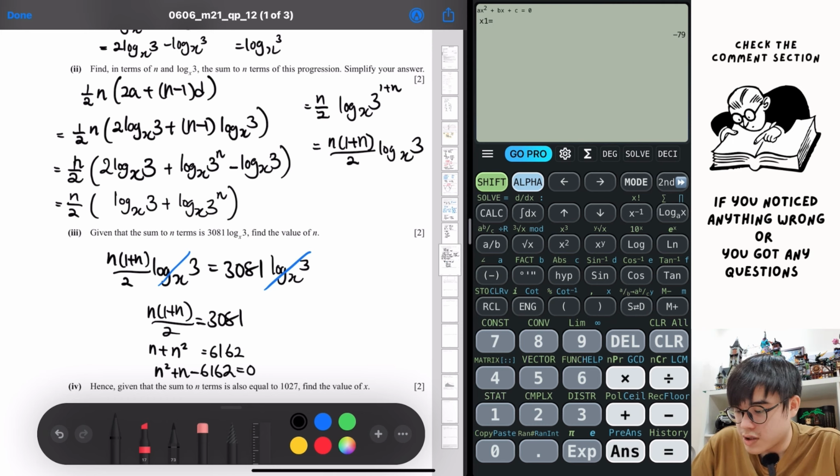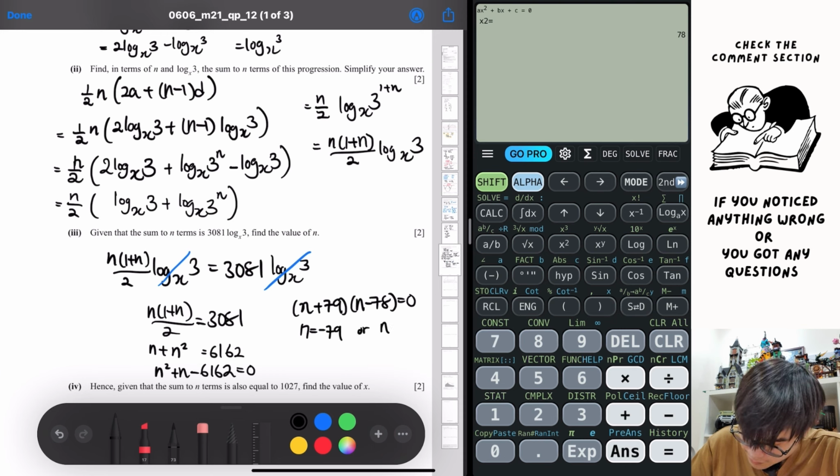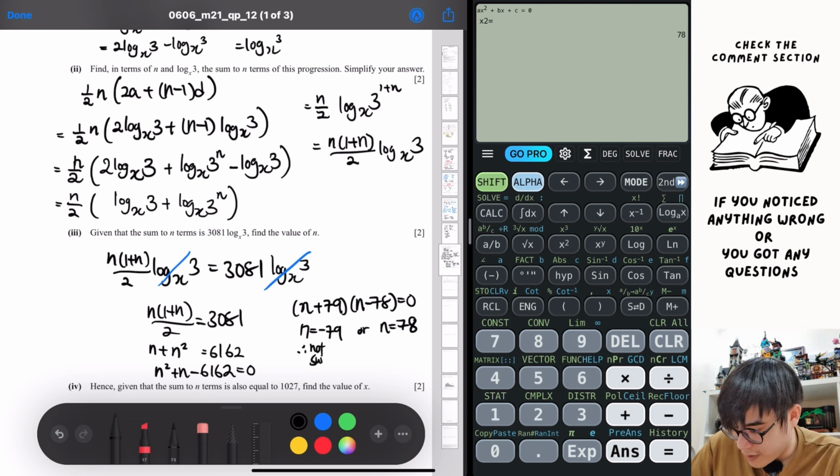You have two answers, one is n plus 79 as well as n minus 78. So among these two, you have to decide which one is the more suitable one. Like I said, the number of terms can never be negative, so this one is not suitable. The final answer should be 78 only. That's how you get it done.